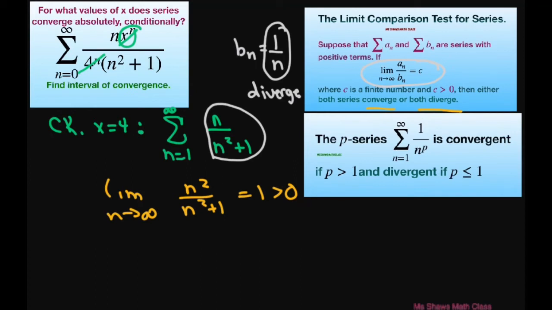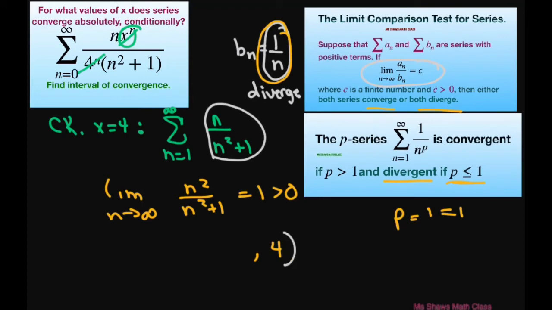Since our comparison of 1 divided by n is a divergent harmonic series, or you can look at this and say that p equals 1 here, that means our series is also divergent here. That just means on our interval at 4, we can't close it. It's going to have to be an open interval here.